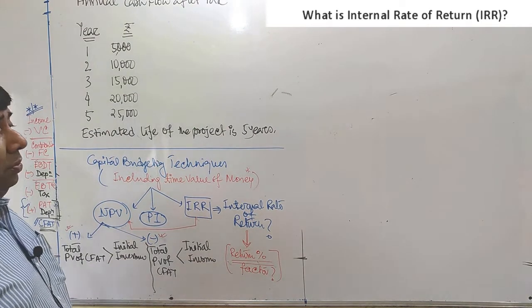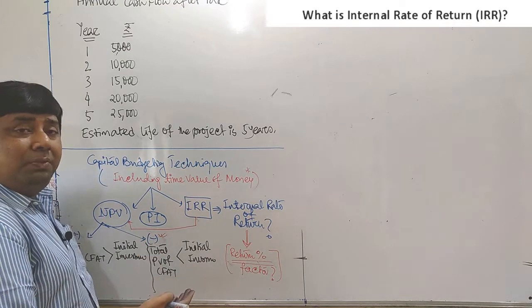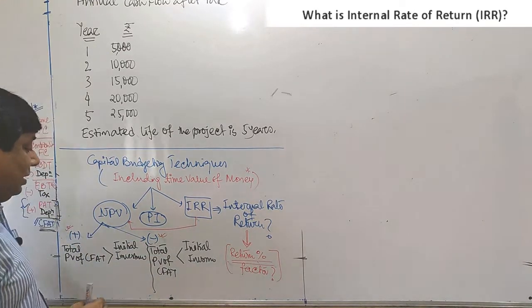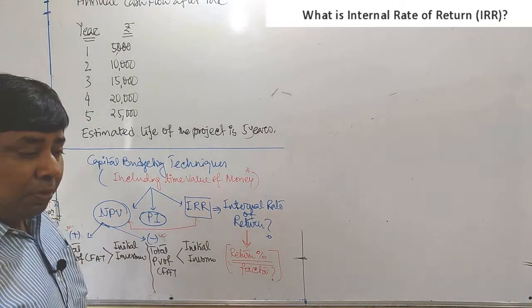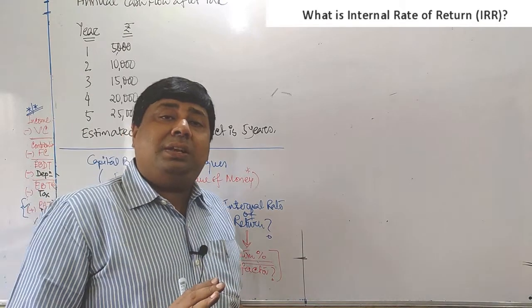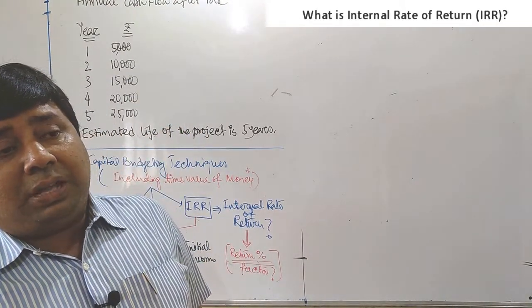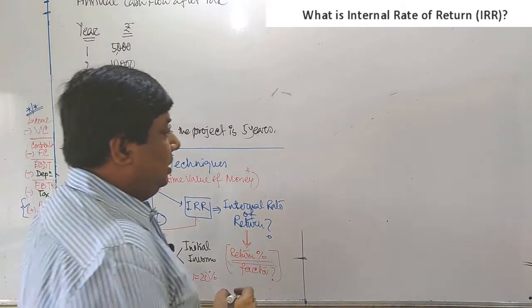Sometimes if you change the PV factor, it might provide you a negative NPV and instantly you change your decision and reject the project. That is the logic. Same project, same initial cash outlay, same return, but depending upon the NPV, you reject the project.